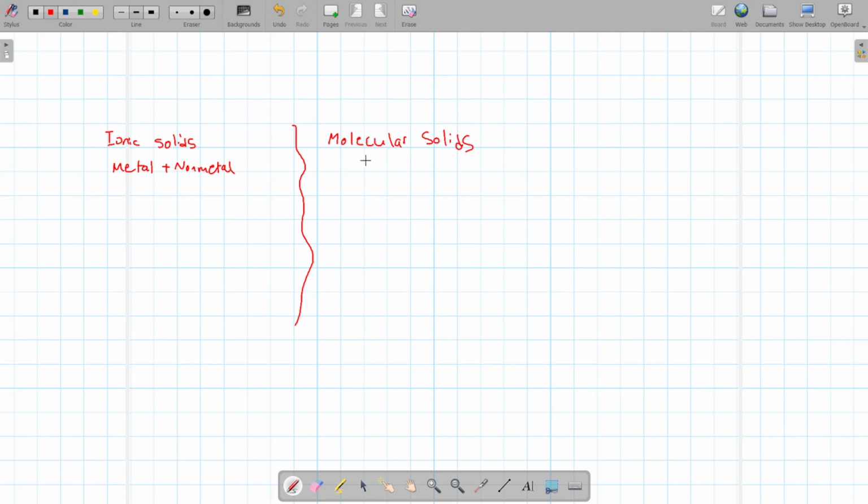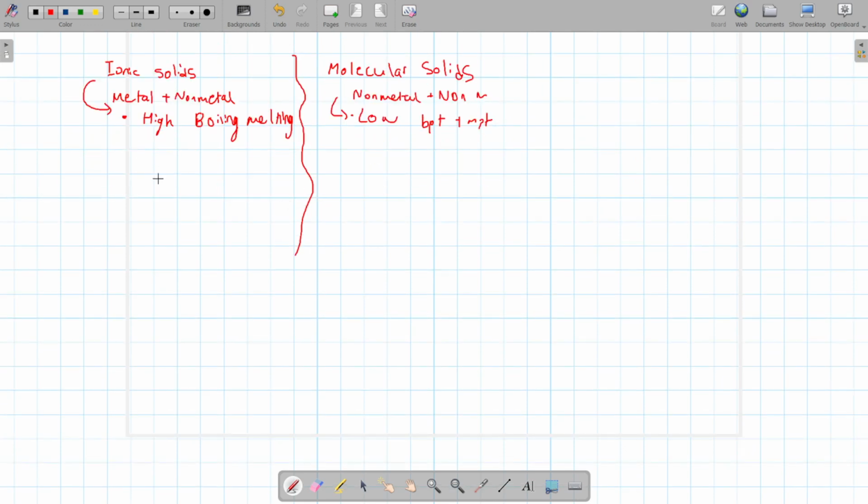A molecular solid is non-metal plus non-metal. Know that ionic solids have extremely high boiling and melting points. Molecular solids have low boiling point and melting point. Okay, these are quick outlines.